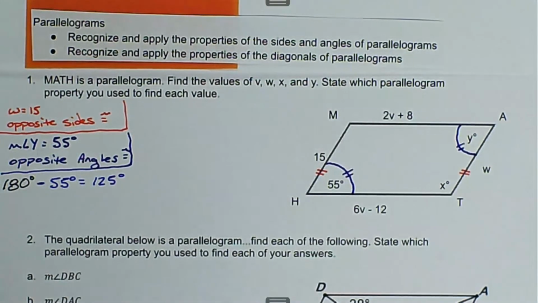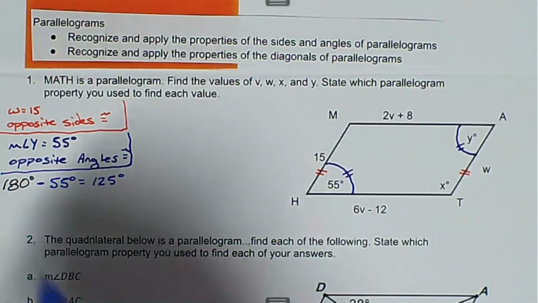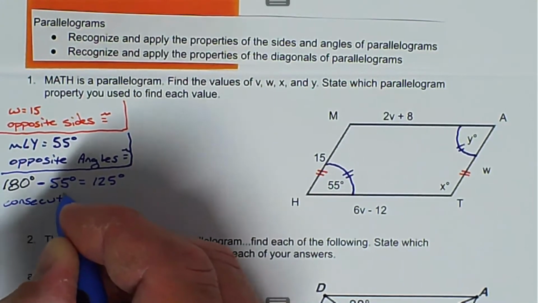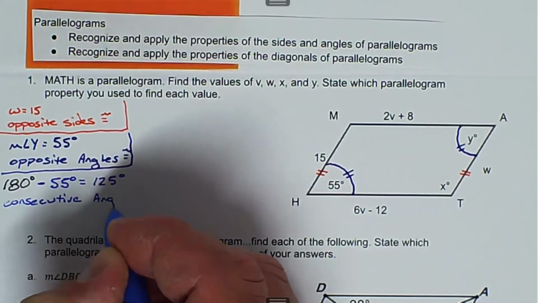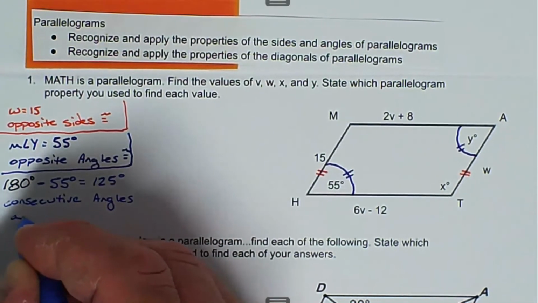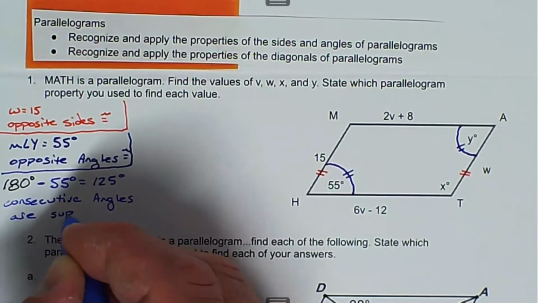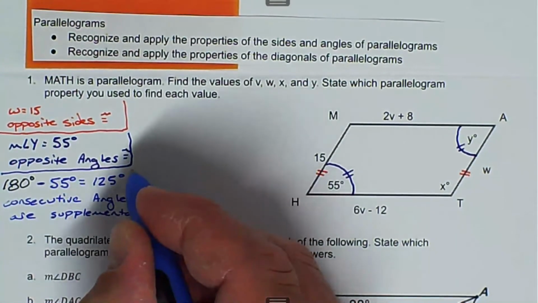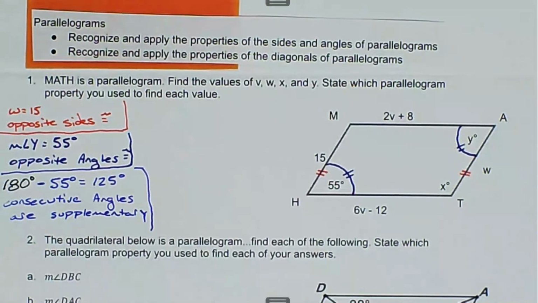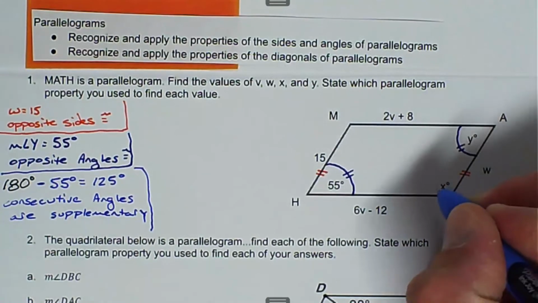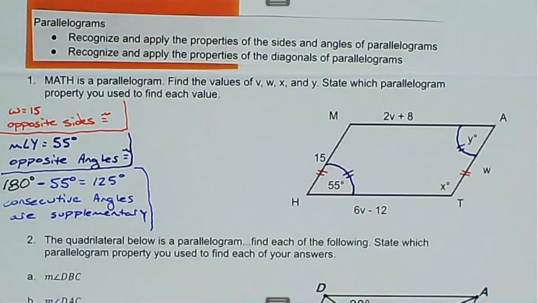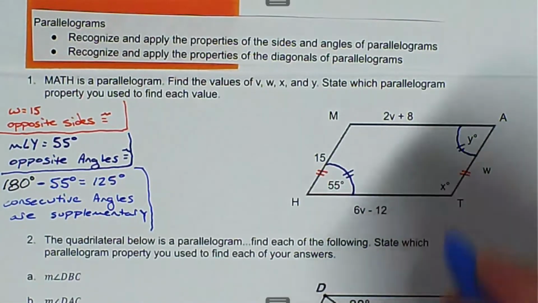And the reason we're able to do that is because consecutive angles are supplementary. Next one. So we know that the measure of angle X is equal to 125 degrees.